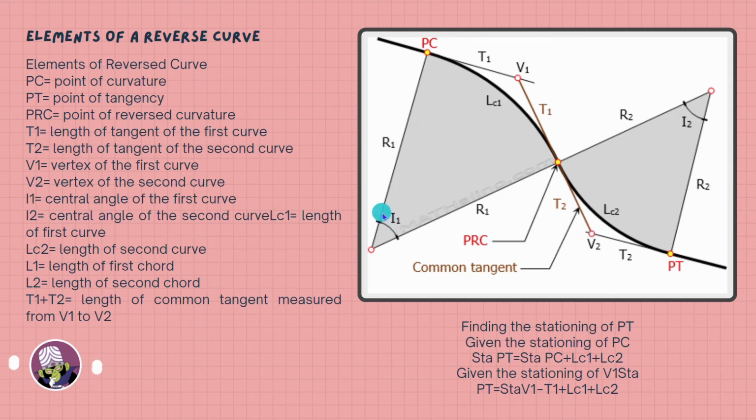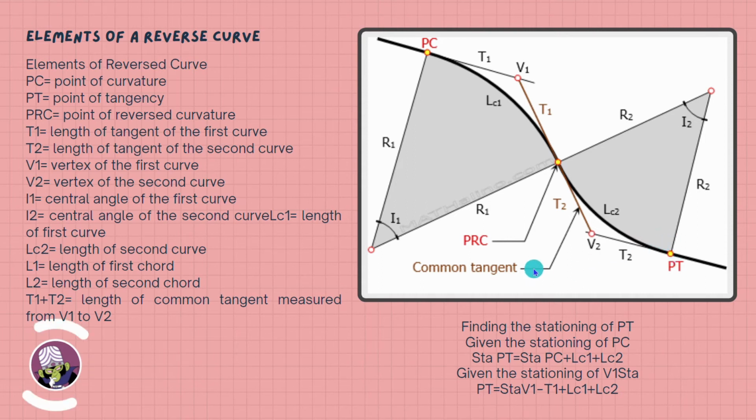I1 is the central angle of the first curve, which is right here, wherein I2 is the central angle of the second curve, which is over here. LC1 is the length of the first curve, the length of the curve itself from PC all the way to PRC, while the LC2 is the length of the second curve from PRC all the way to PT.